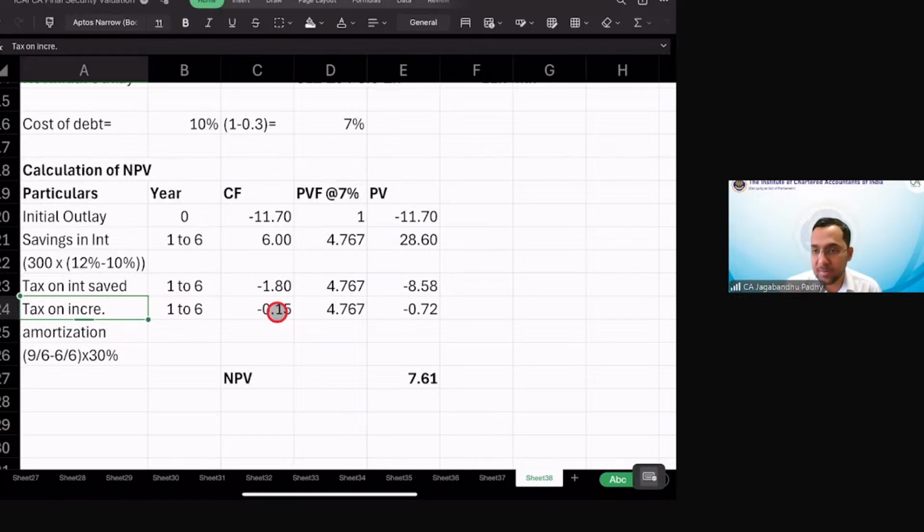Earlier the amortization expense was 1.5, because that was 9 for the remaining 6 years, and here we have 6 for the 6 years. So before retirement, the amortization per year was 1.5, but after retirement, it will be 1. So there will be a reduction in the amortization, and therefore you need to pay tax. First part is clear?